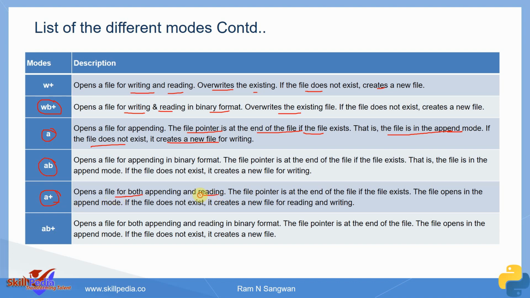Both appending and reading. The file pointer is at the end of the file if the file already exists, and the file opens in append mode. If the file does not exist, it will create it. And ab+, append in binary mode plus read. These are the different modes which can be used to open a file.